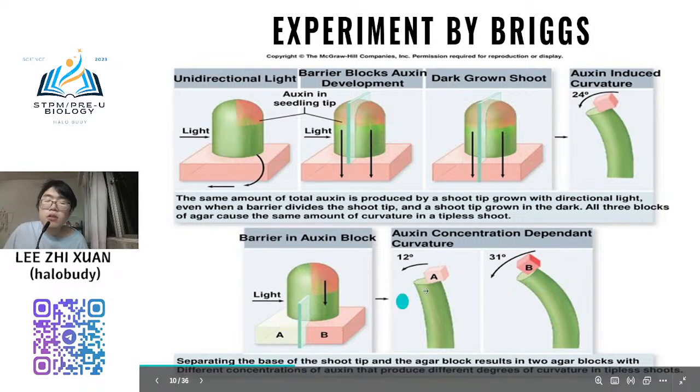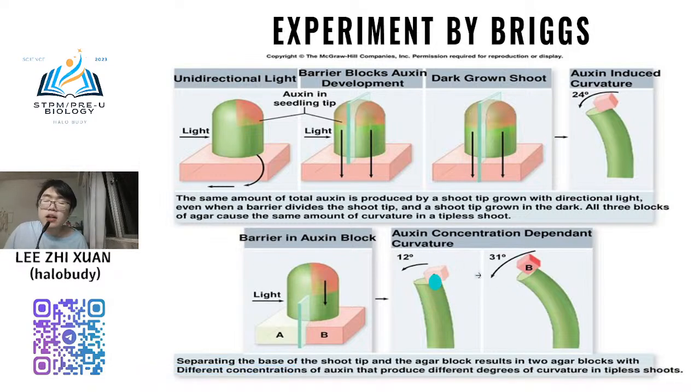So when you transfer this agar block toward the plant again, you will find that the curvature of the plant for A and B are different. B will curve more, and for A the curvature is very low. The degree of angle of curvature is low for A, but for B the degree of angle is high. Why?